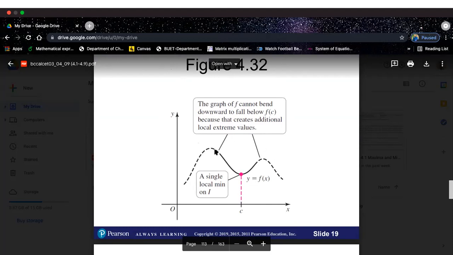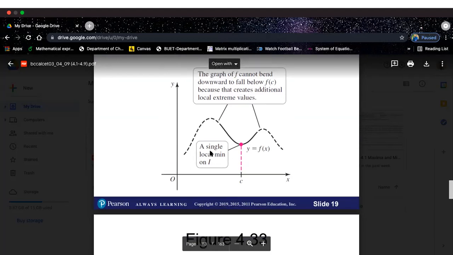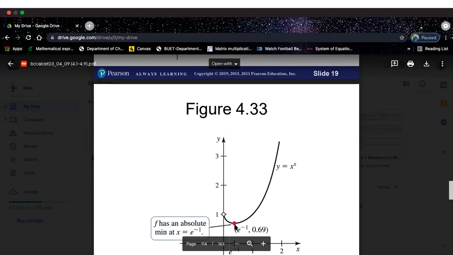So if we have more than one local maximum, then we need to compare those and see which one is bigger, and that would be our absolute maximum. But if we have only one, then that solo local minimum or local maximum has to be the absolute extreme value, right? Do you agree?